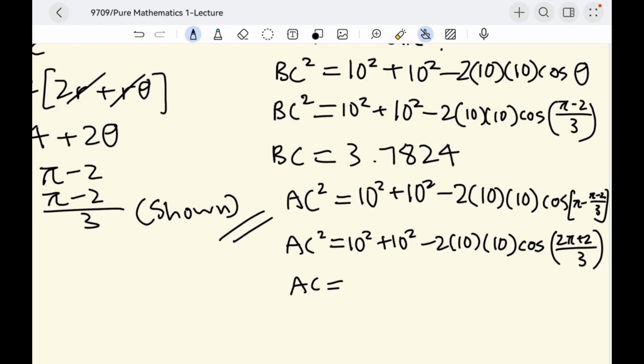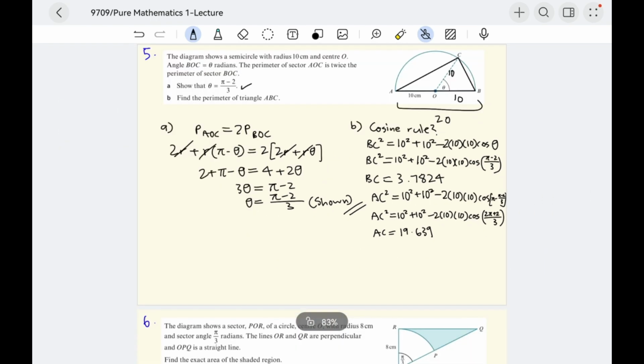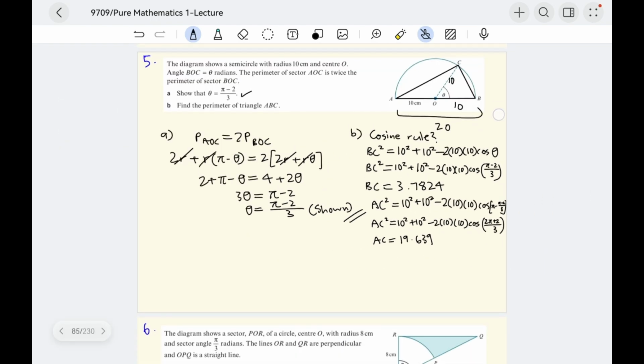Particularly, you will get AC as, just press your calculator, 19.639. So yeah, it makes sense.